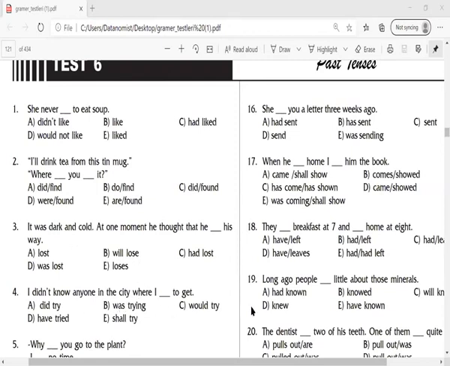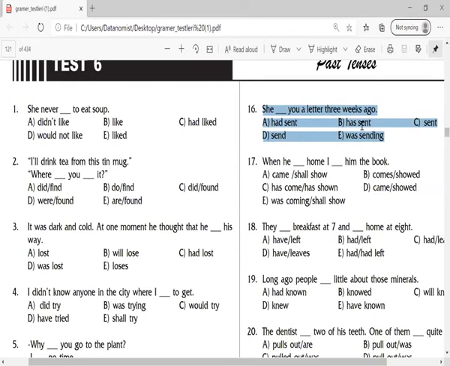Now look at this 16th one. Can you see the time indicator? She sent you a letter 3 weeks ago. The moment you see ago, you understand that it is indicating past time. One action with ago, always V2.